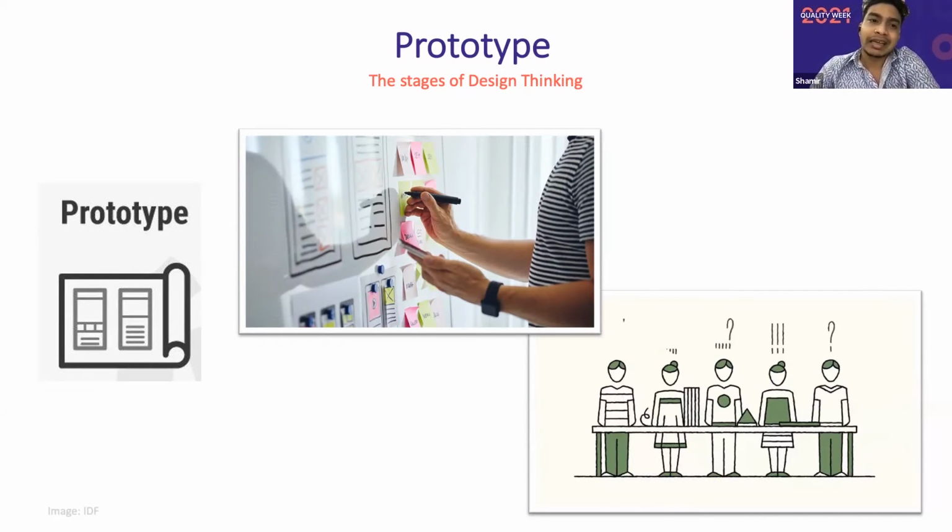And then the designers will sketch them up with maybe a pen and paper, or through some wireframing tool like Balsamiq or Draw.io or something like that. You can use any tool per se, or even Sketch, XD, Figma if you're good at it. You sketch these ideas out.